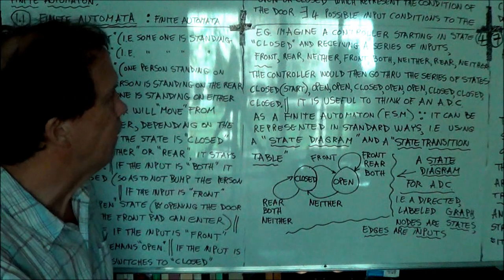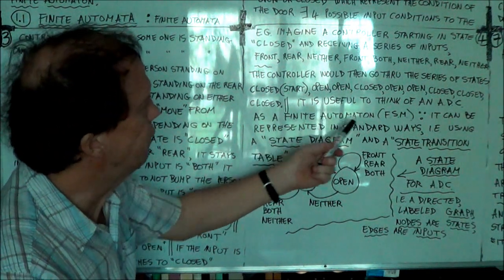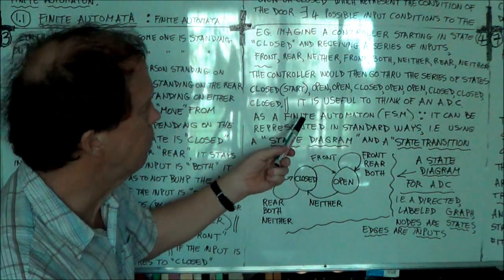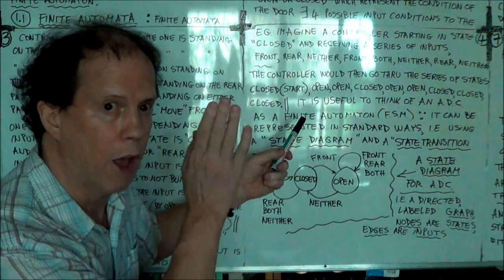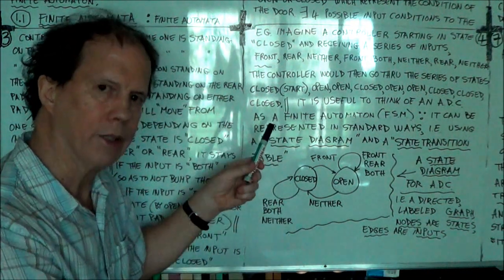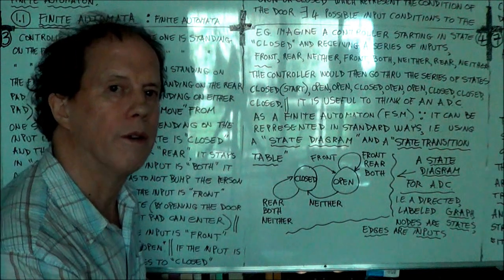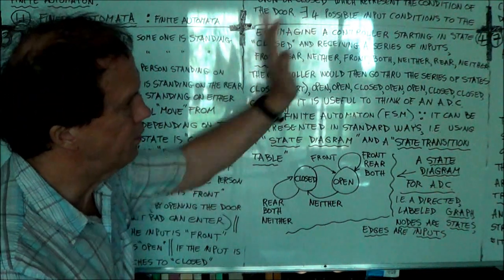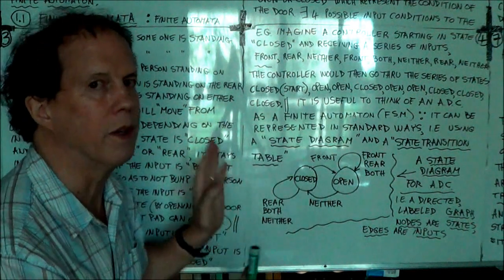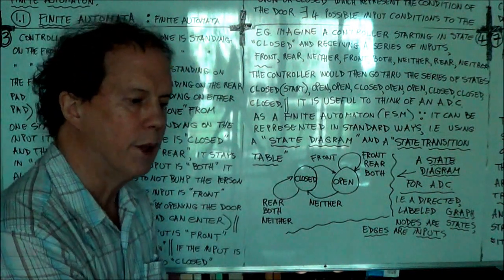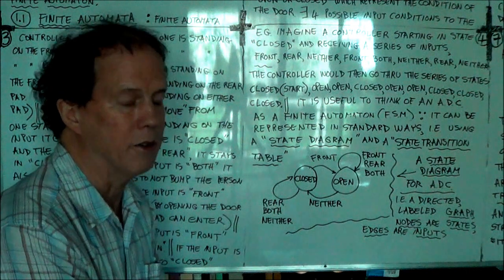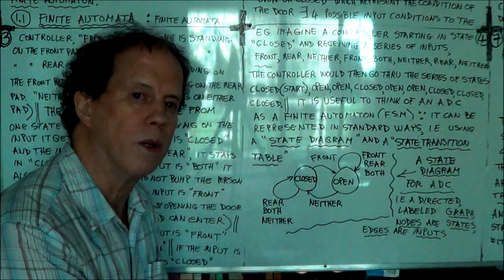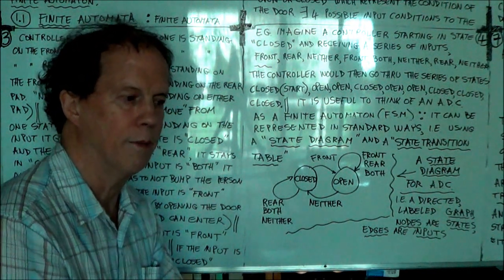Now, we haven't yet really defined, and that will in fact be the next board, a formal mathematical definition of what a finite automaton is. These few sessions are more introductory, giving you a feel for what a finite automaton is before we do the formal definition.